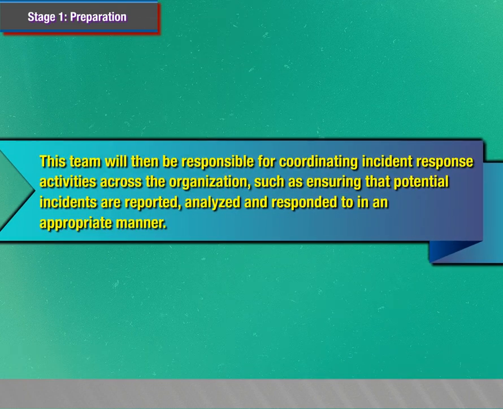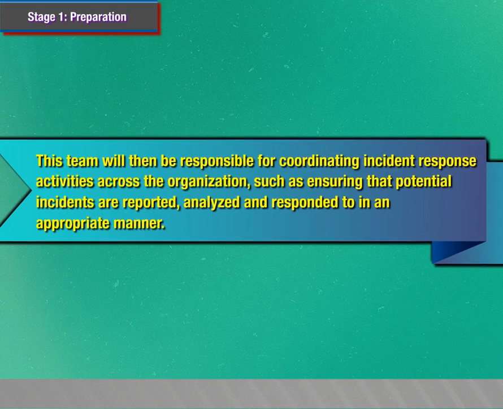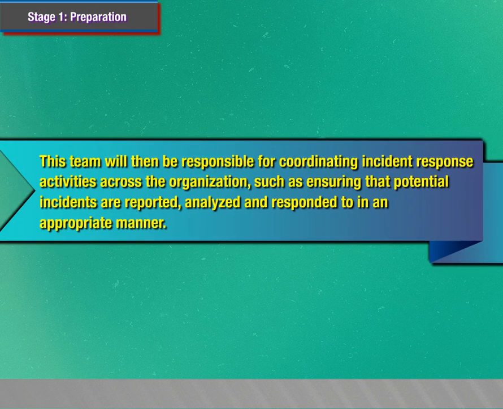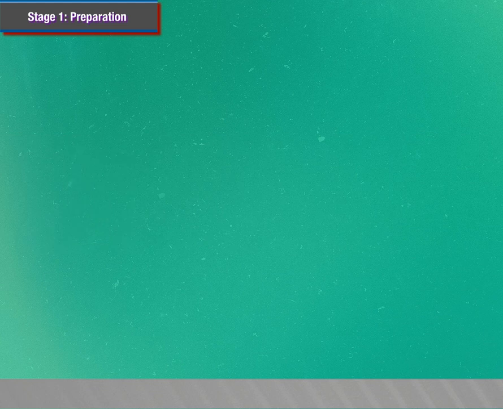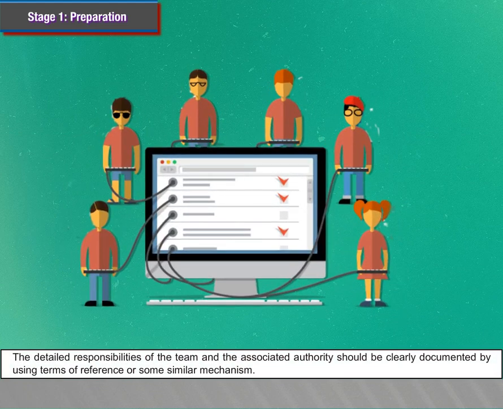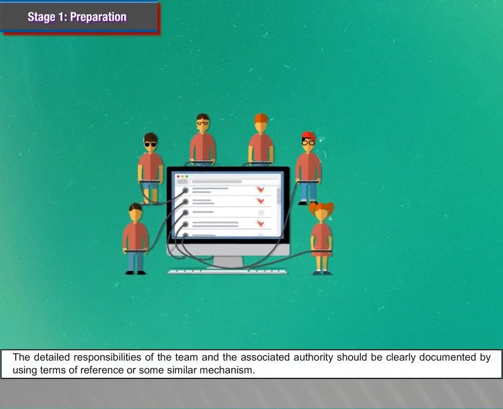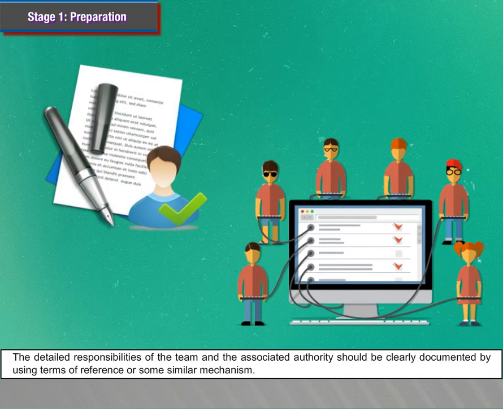This team will then be responsible for coordinating incident response activities across the organization, such as ensuring that potential incidents are reported, analyzed, and responded to in an appropriate manner. The detailed responsibilities of the team and the associated authority should be clearly documented by using terms of reference or some similar mechanism.